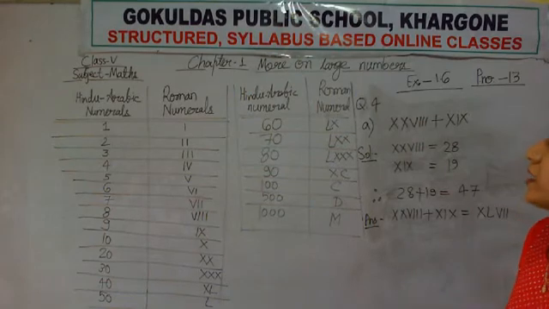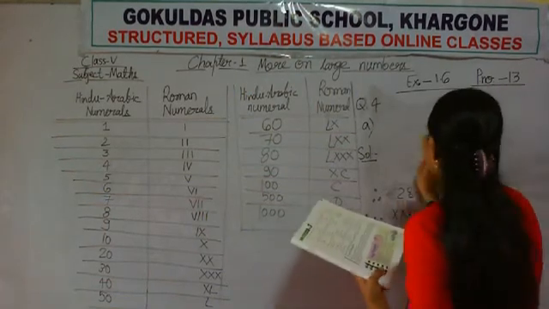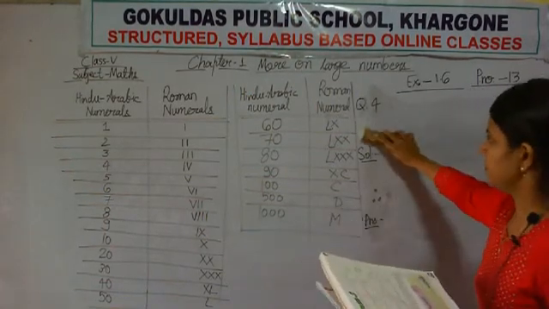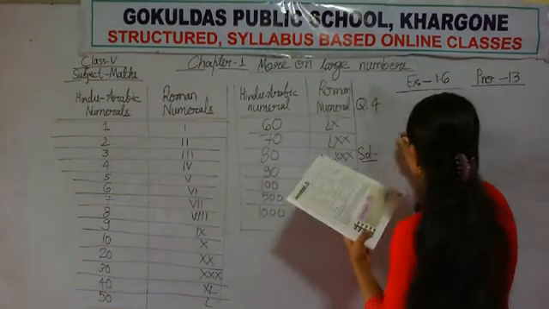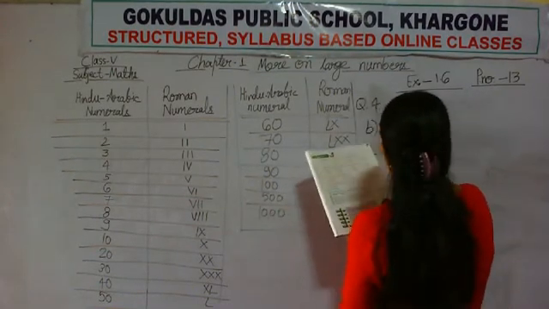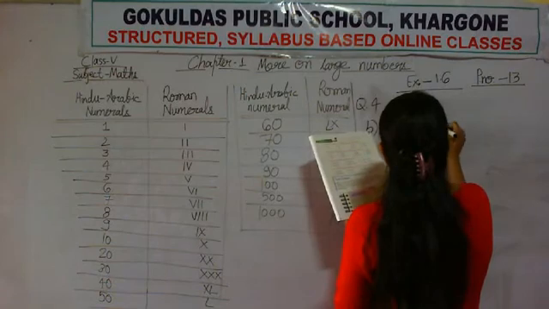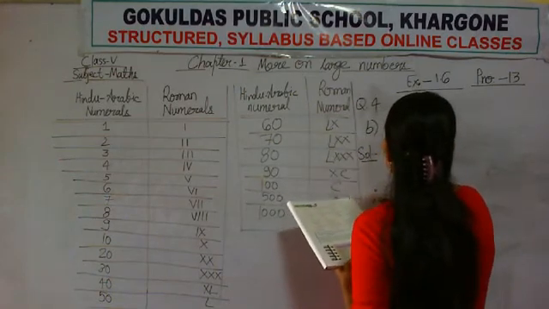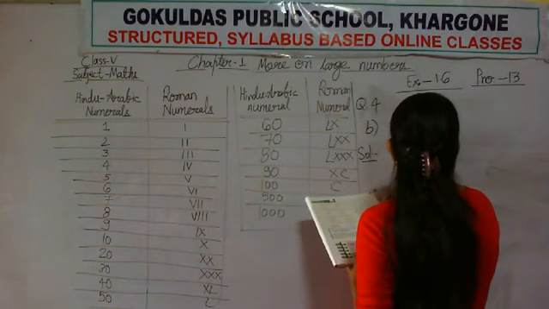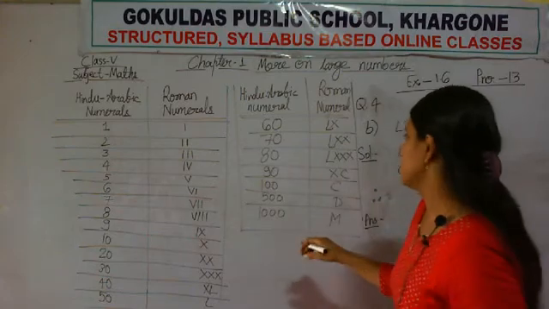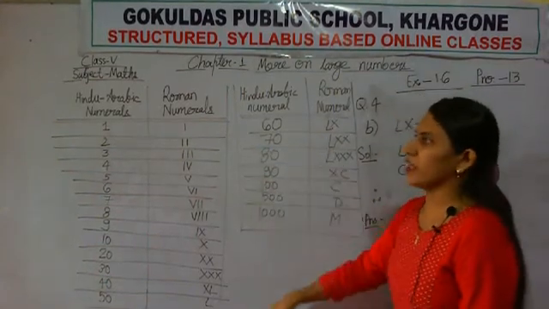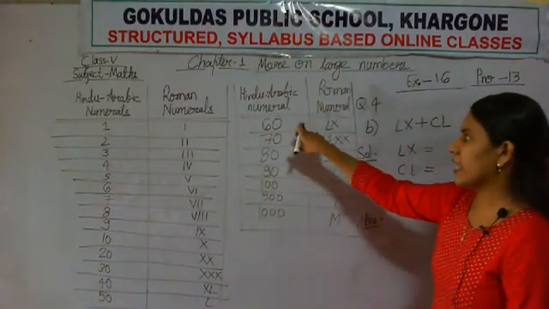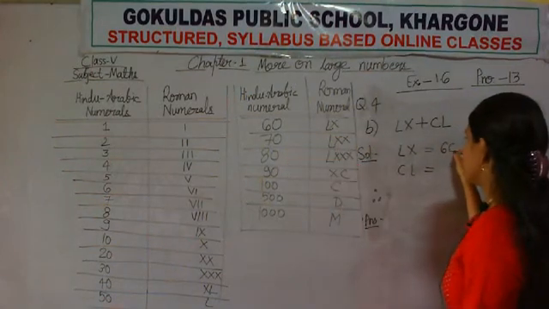Let's do part B of the same question. Part B, LX plus CL. Okay. Now search, is LX in your table? Yes, it is here. LX represents 60.